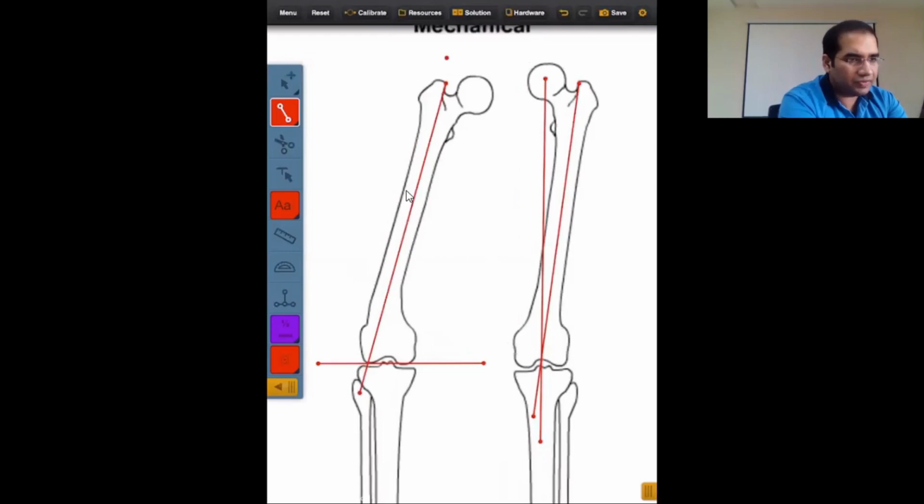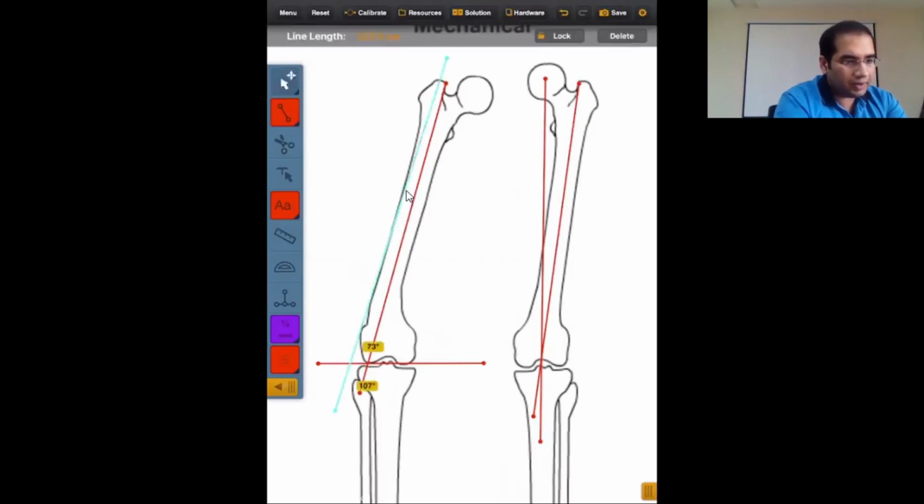I'm sure you will have some problems understanding this, but it will clear in a minute. Okay. So what I have done is, I'm drawing a line parallel to the anatomical axis. Okay. I've taken this line to the center of the femoral head. Okay.